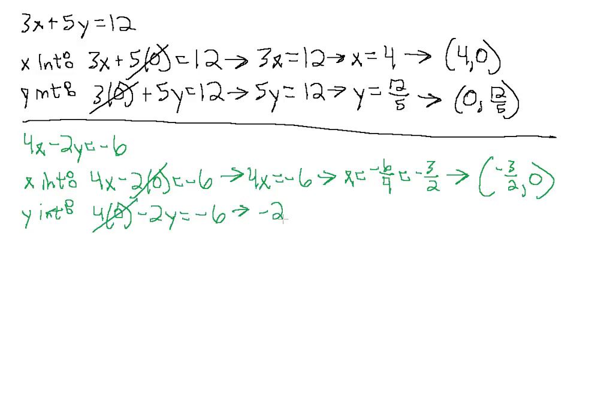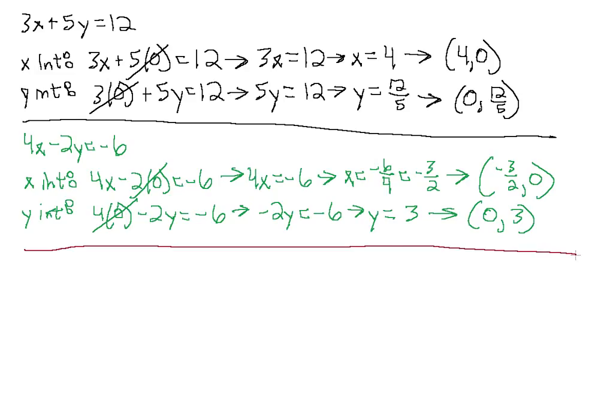So we have minus 2y equals minus 6. We can divide both sides by negative 2 to solve for a positive y. Minus 6 divided by minus 2 is a positive 3. So our y-intercept is 0, 3. And that's all there is to it.